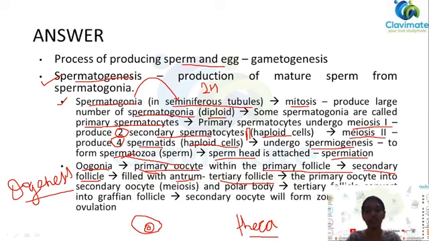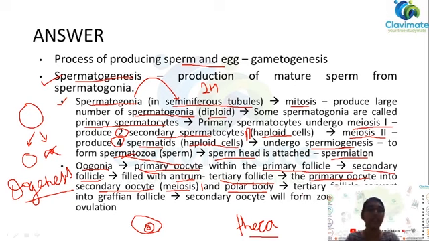While the tertiary follicle is being formed, the primary oocyte is converted into a secondary oocyte through meiosis 1, and a polar body is formed. The primary oocyte gets divided into 2 during meiosis 1, forming the secondary oocyte and a polar body. This polar body will degenerate, so it will not be present.